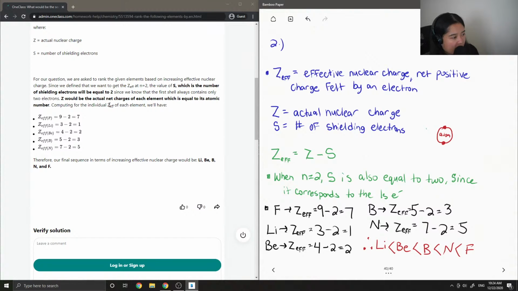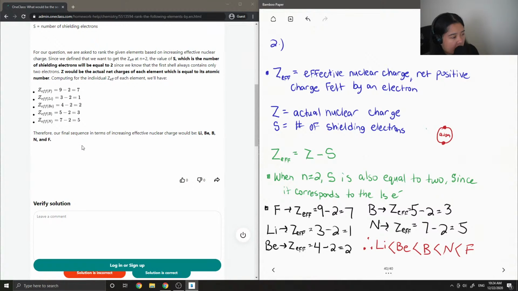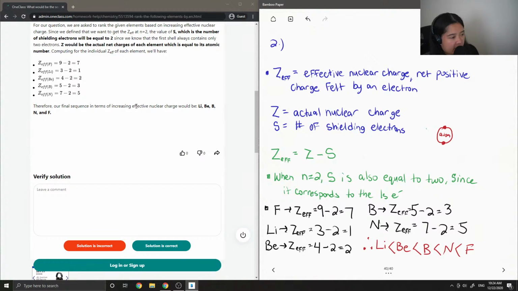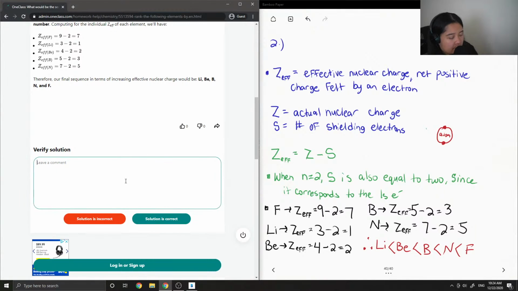Z would be the actual net charge of each element, which is equal to its atomic number. And then computing for the individual Zeff of each element, we'll have 7, 1, 2, 3, and 5. Therefore, our final sequence in terms of increasing effective nuclear charge would be lithium, beryllium, boron, nitrogen, and fluorine. Yep, so the solution is correct.